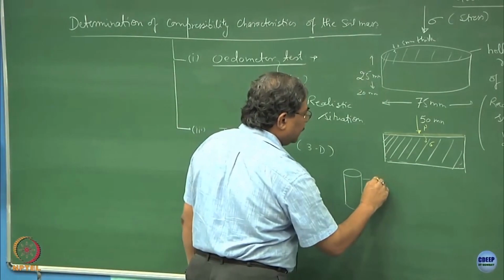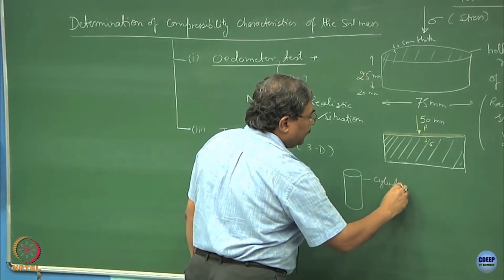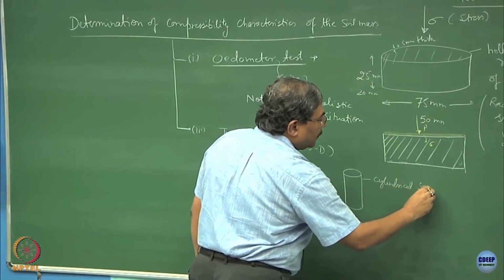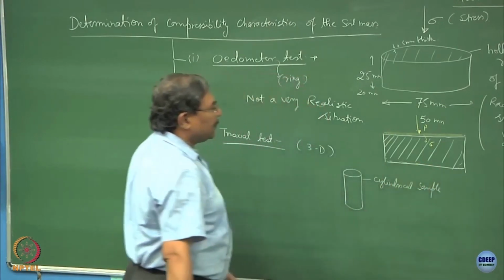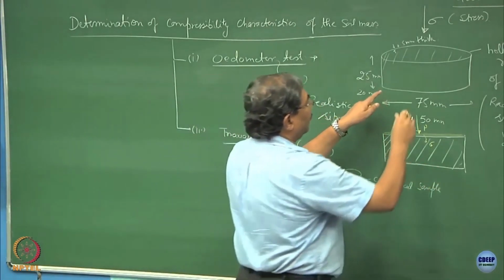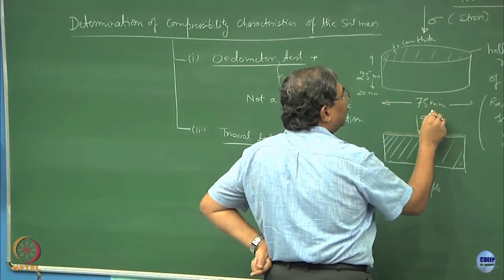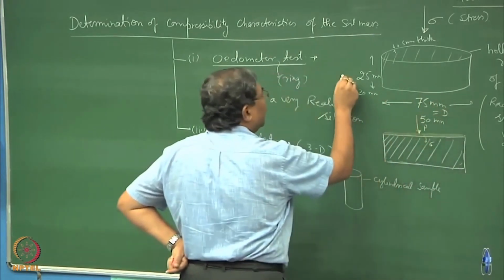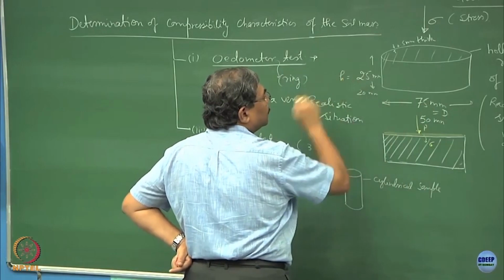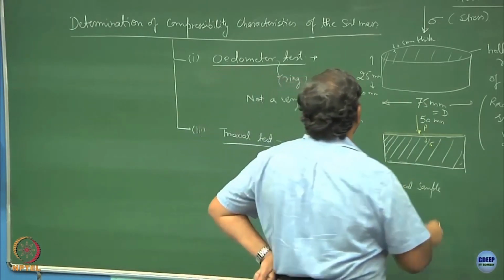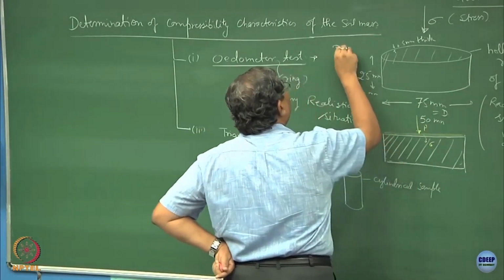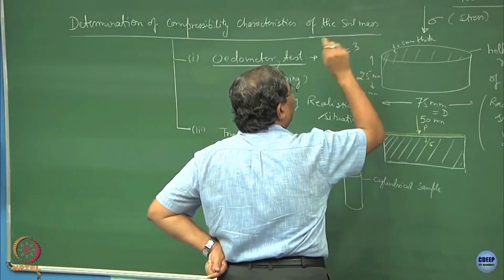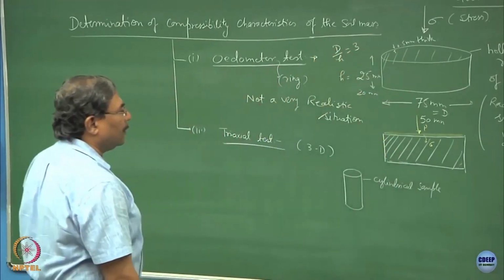So, this is the cylindrical sample. You must have noticed here what we call the diameter d, and this is the height of the sample h. So, we maintain d by h ratio as 3. Alright.